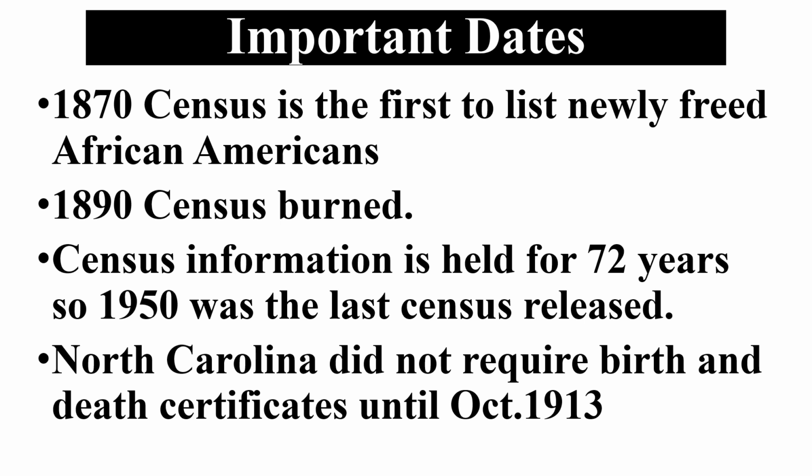Another thing is census information, at least the personal information, is held for 72 years. The government will release the statistical information, what's the population of the town, demographics, everything like that. But as far as this person lived in this house with this family member and they were all this age, that's held for 72 years. So the 1950 census was the last census that was released.